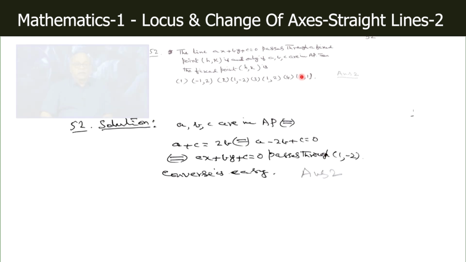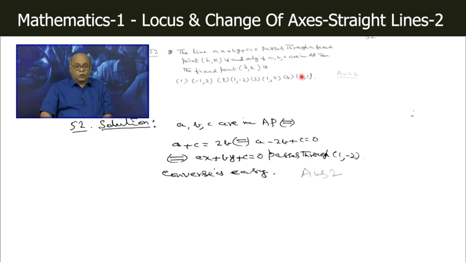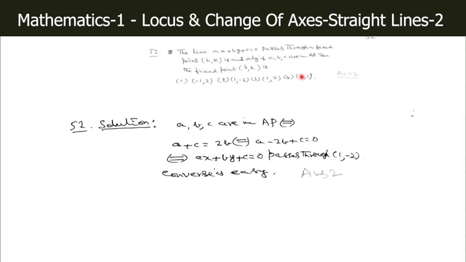Suppose in the equation Ax plus By plus C equal to 0, A, B, C are in AP. So you know that B is equal to (A plus C)/2, or A plus C is equal to 2B, which indicates that A minus 2B plus C equal to 0. Which clearly indicates that the line Ax plus By plus C equal to 0 passes through (1, minus 2).